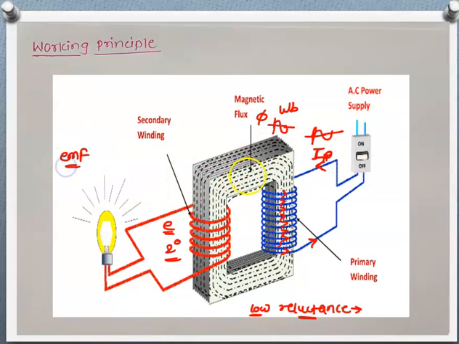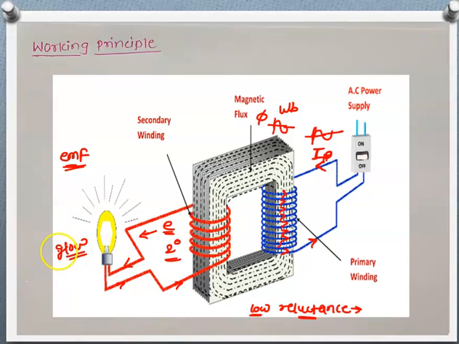This changing flux links with the secondary winding, so the EMF gets induced in the secondary winding according to Faraday's law of electromagnetic induction. When the EMF is induced and the winding is connected to the load, it becomes a closed circuit, current starts flowing through this winding, and this bulb will glow.